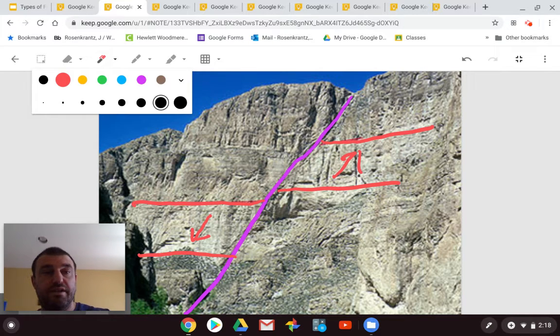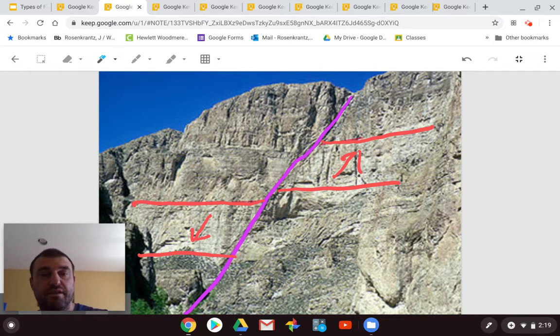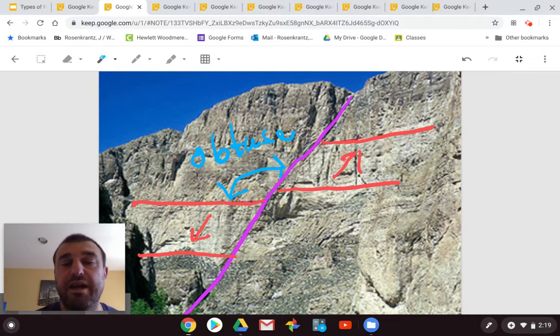And it created this angle. You see that that angle is greater than 90. That means it's obtuse. That tells me that this is a normal fault, which means even though this area might not be at a plate boundary at all anymore, it was at one time at a divergent boundary, because only divergent boundaries could cause a normal fault.